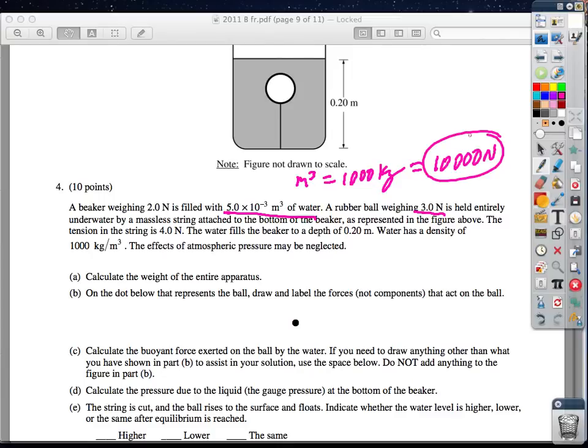Yes? That makes sense? So all you're going to do is just multiply this by that. And so then that's going to knock out the -3, and it's just going to make 50 newtons. So then the weight of the entire apparatus looks to be about 55 newtons.